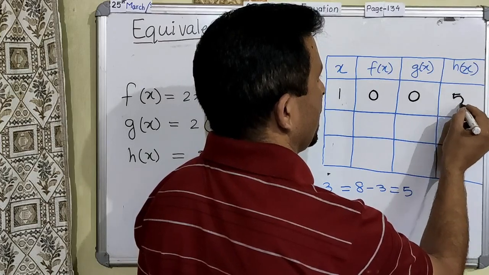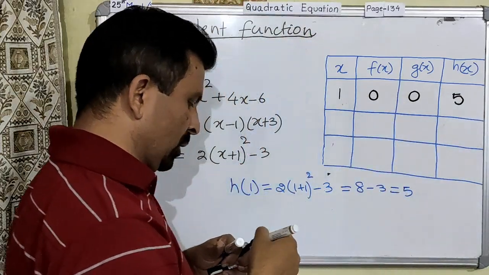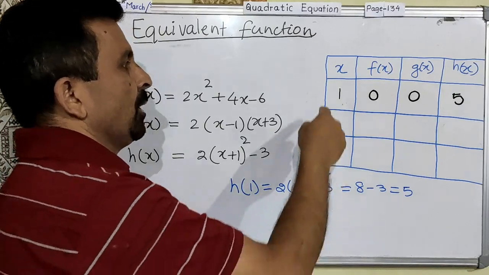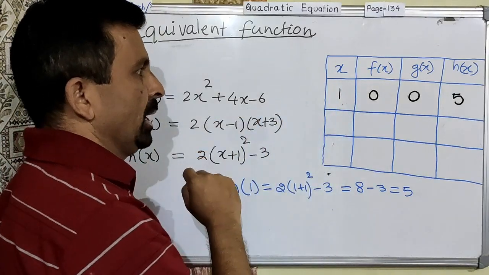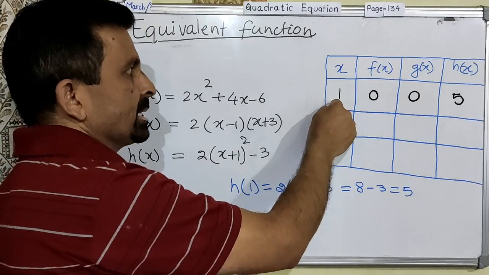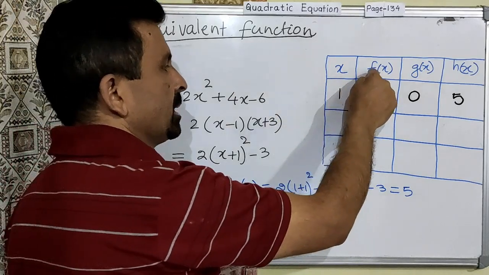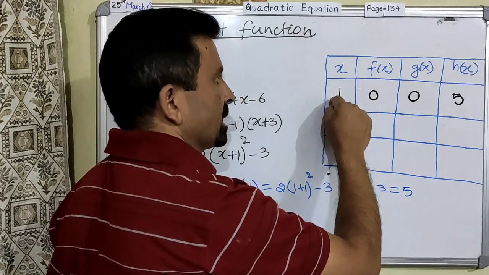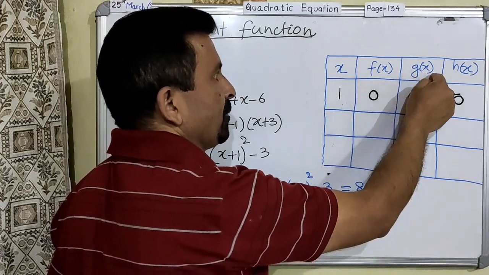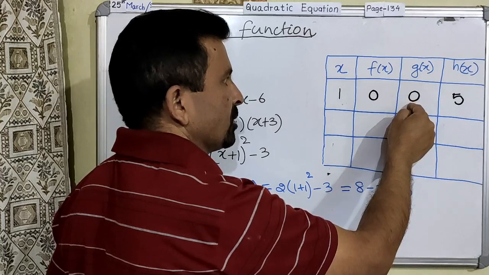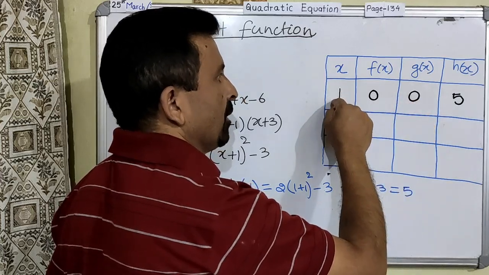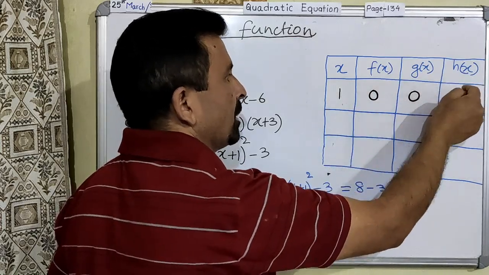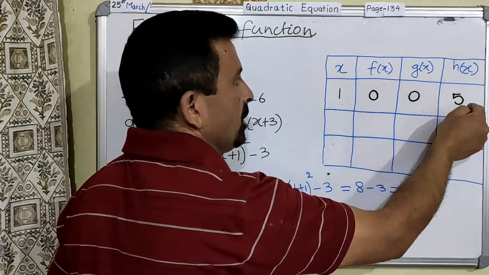Now you can see we are done with the calculation of all the 3 different functions for x equal to 1. When we put the value of x as equal to 1 in the standard form, we got the output as 0. When we put the same value of x in the factored form, we got the output as equal to 0. And when we put the input x equal to 1 in the vertex form, we got the output as equal to 5.